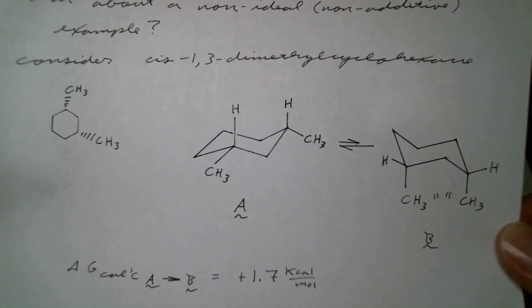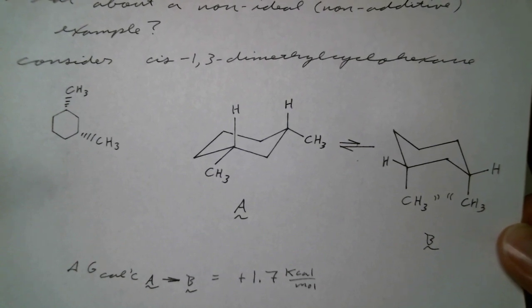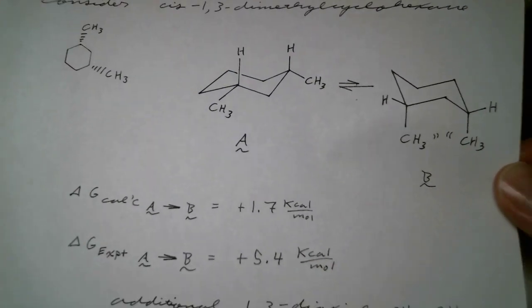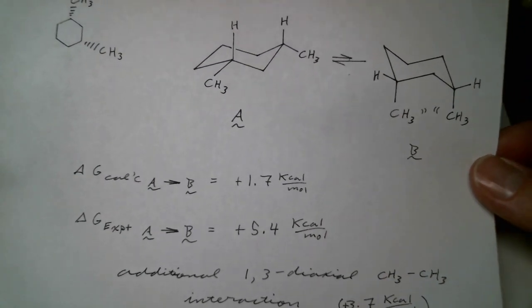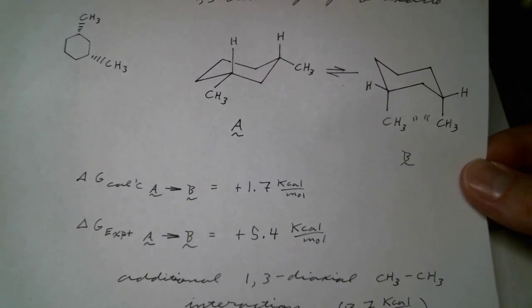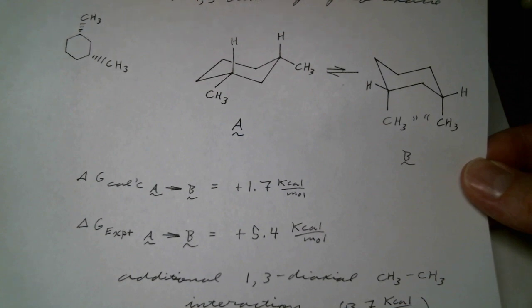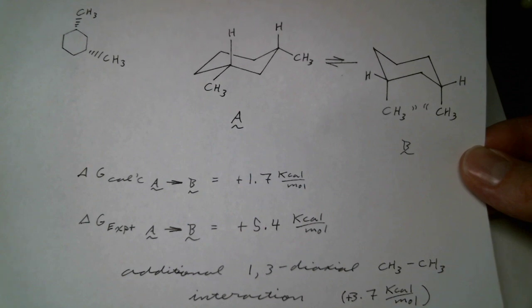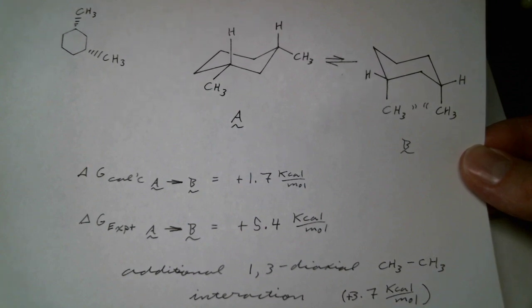Another calculation you might reasonably come up with would be 2 times positive 1.7 kcals per mole, but both of these don't account for something that's critical. Experimentally, the change in free energy for conformation A going to conformation B is plus 5.4 kcals per mole, and this is because of a 1,3-diaxial methyl-methyl interaction, which is worth 3.7 kcals per mole.